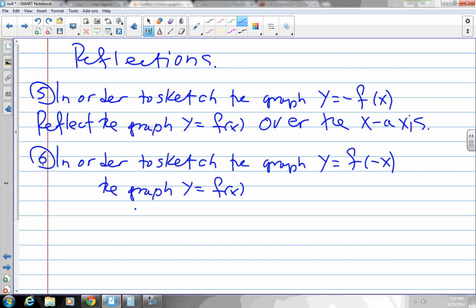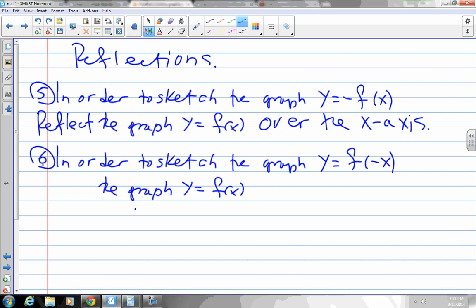We're messing with the independent variable right now, so the changes will happen along the x-axis. But again, think about this. The ordered pairs that have a positive x value will now have a negative x value, and the ordered pairs that have a negative x value have a positive x value. So this is what happens.